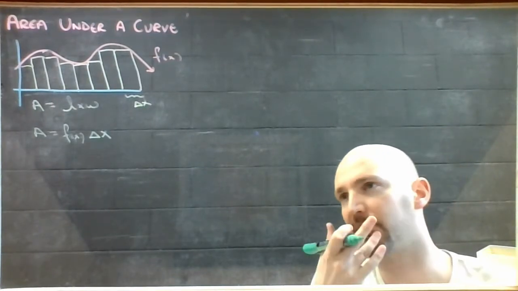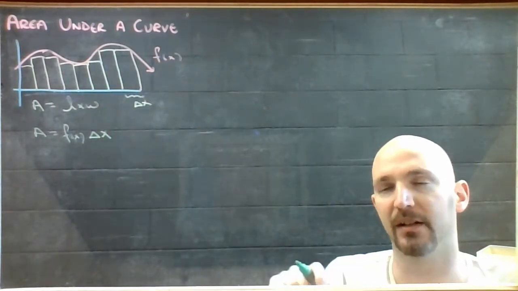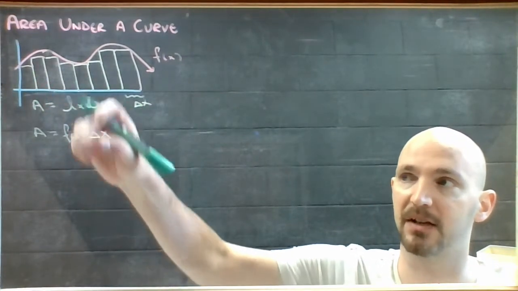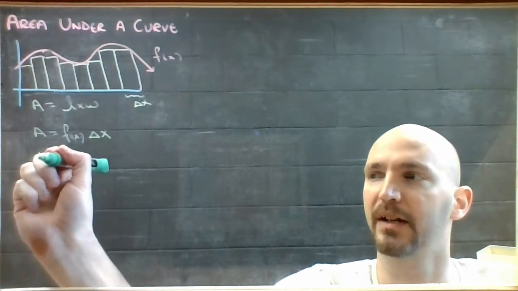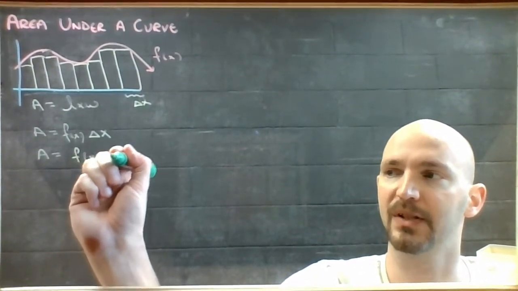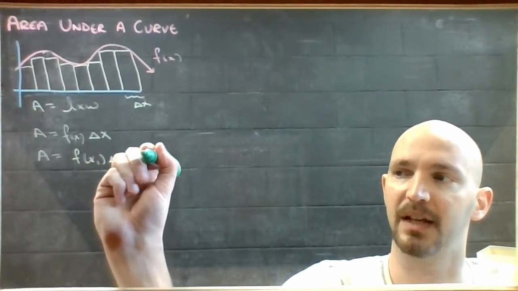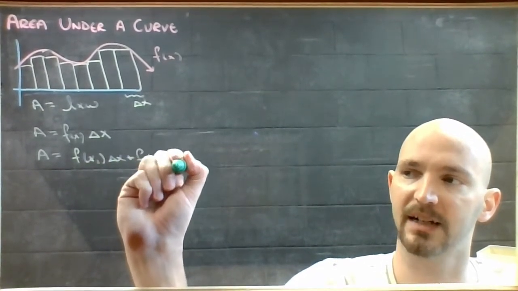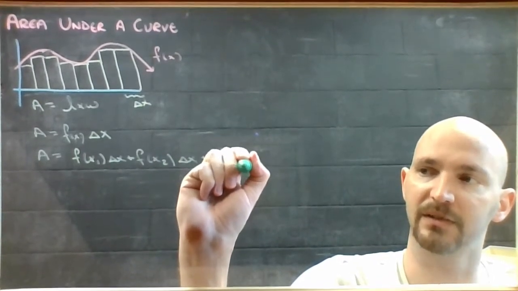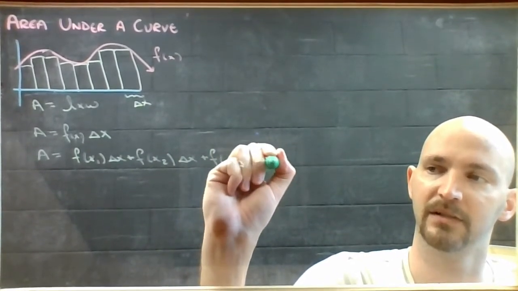And so if I was trying to get the area under here, I'm not just doing the area of this rectangle or the area of that one. My area is the function at the first x place plus the function at the second x place plus the function at the third one, dot, dot, dot.